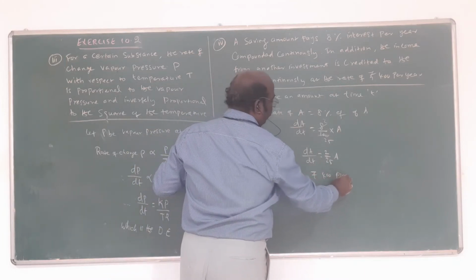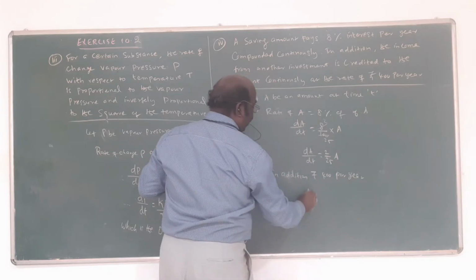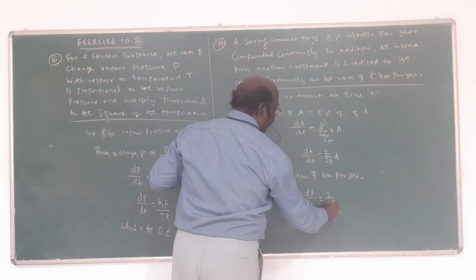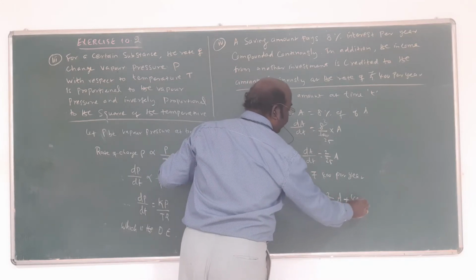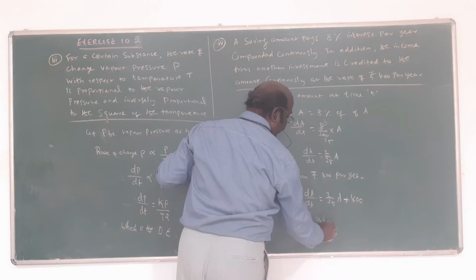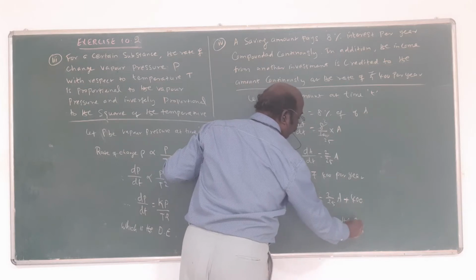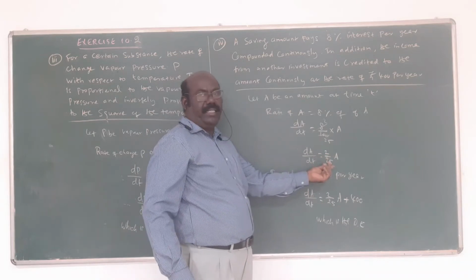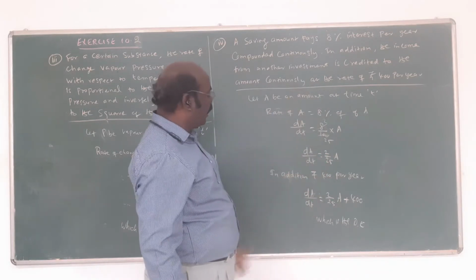Therefore, the rate of change of amount is dA by dt equals 2 by 25 A plus 400. This is the answer, which is the differential equation. Once again, rupees 400 per year extra is given, plus.